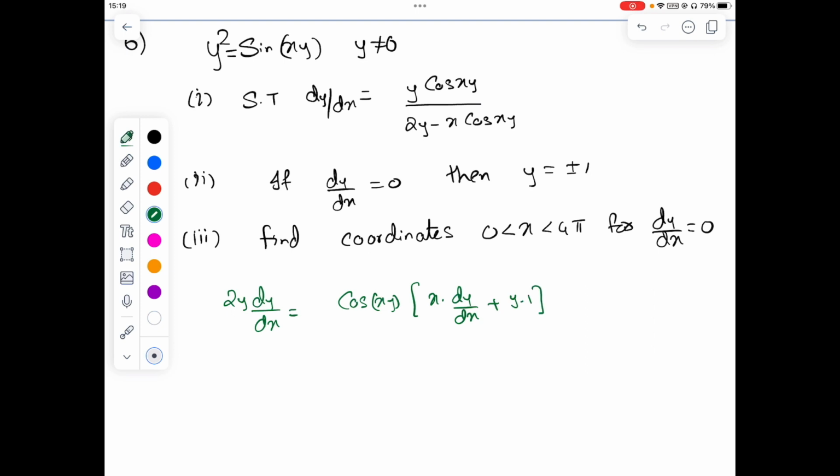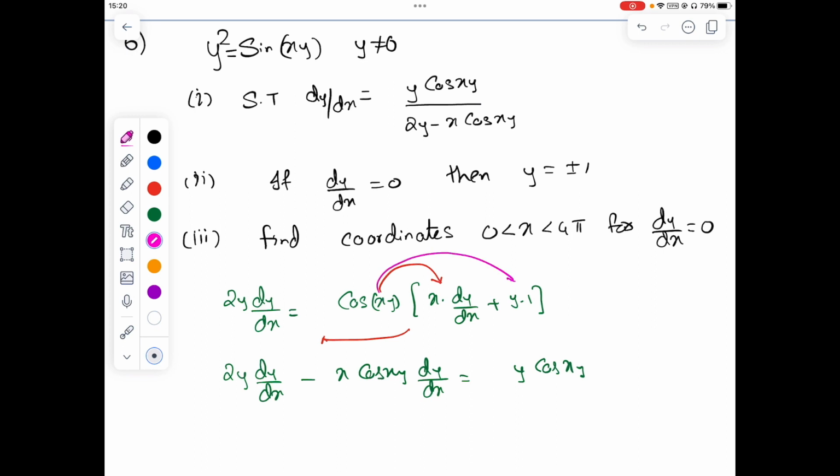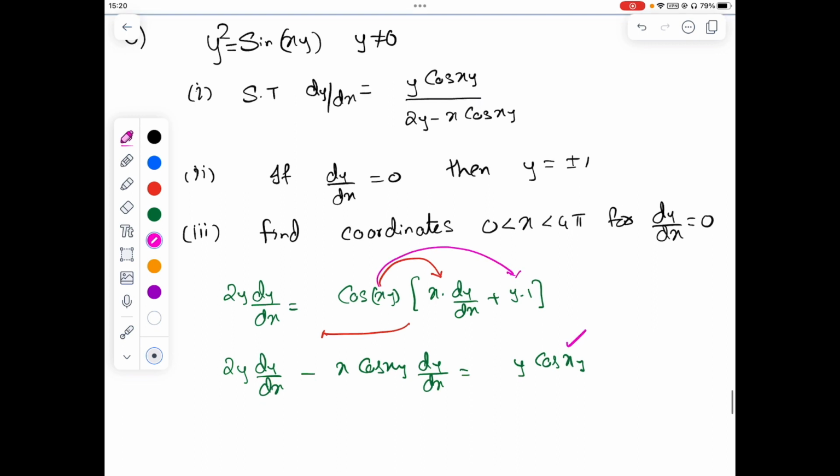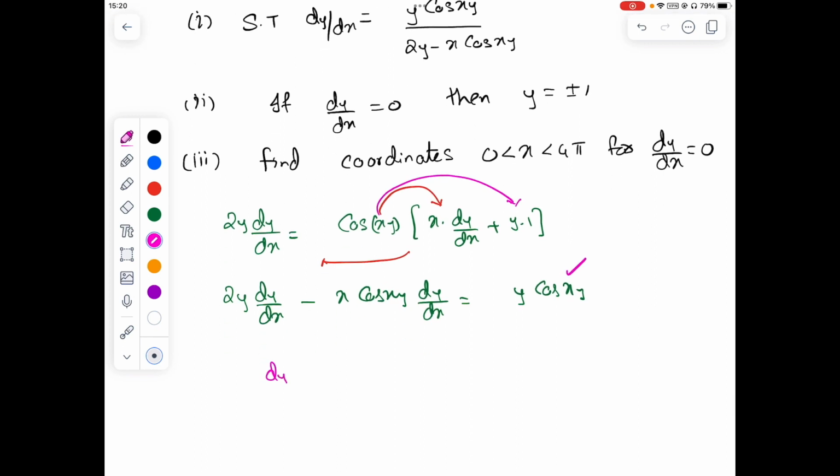Now I want to make dy by dx the subject. So 2y dy upon dx minus x times cos xy times dy by dx equals y times cos xy. How did I get that one? First I multiplied these both and moved to the other side, then I multiplied these both and kept it on the same side. Then what can I take common? dy by dx common.